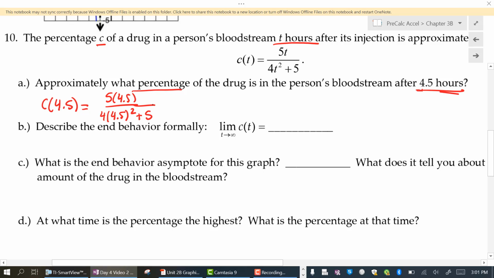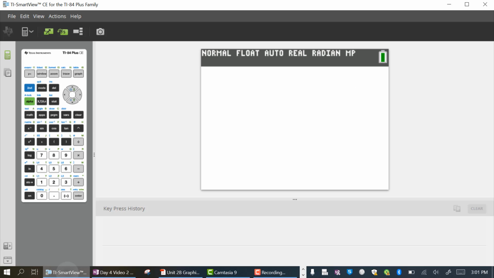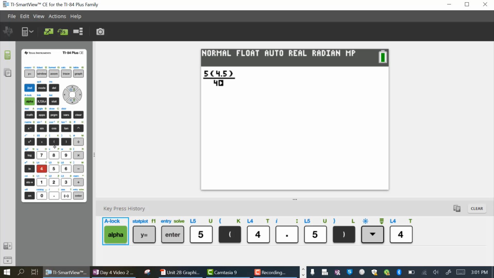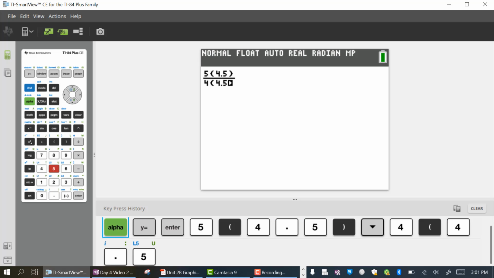And then plug this in my graphing calculator. So alpha y equals 5 times 4.5, and then go down 4 times 4.5 squared.